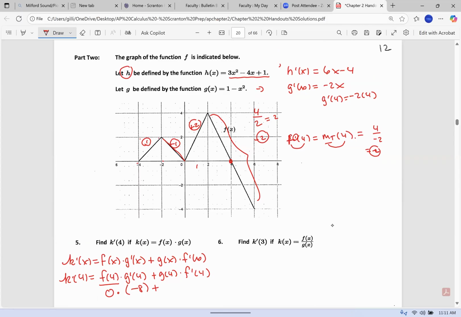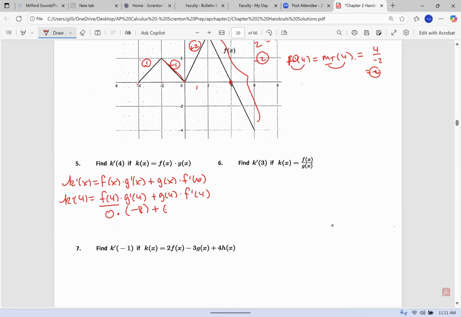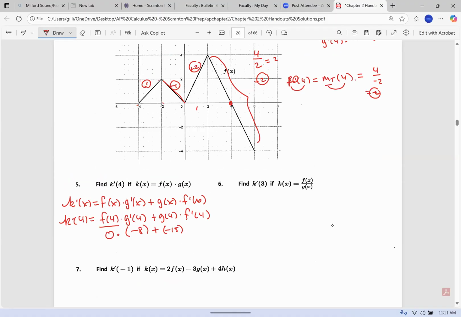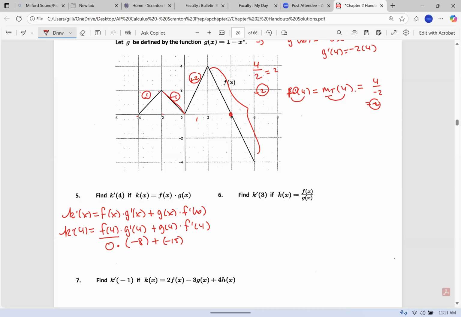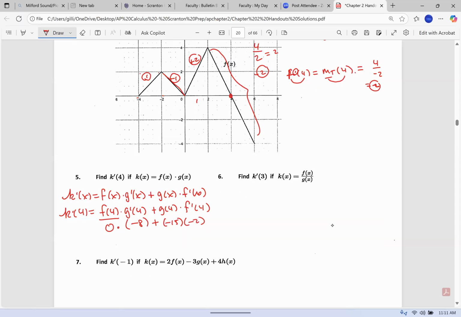G at 4 means I've got to replace x with 4, and 1 minus 16 would be negative 15. It's the y value of g at 4. And f prime at 4, which we had just found here, the slope of the tangent of f at 4, is minus 2. And that's just 0 plus 30, which is 30.